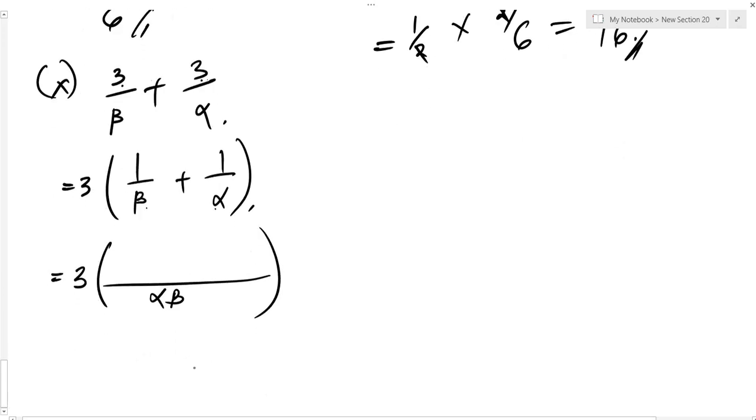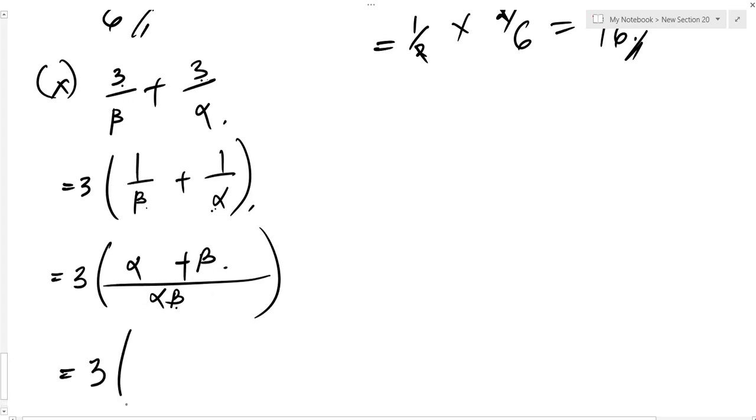So if you use beta to divide the LCM, you have alpha. Alpha times 1, you have alpha. If you use alpha to divide the LCM, you have beta. Beta times plus 1, you have plus beta.